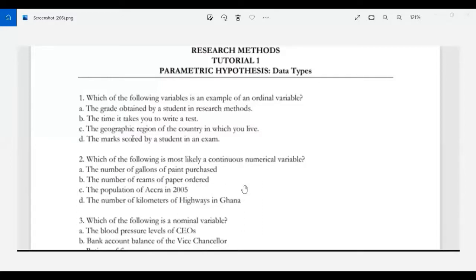A, the blood pressure levels of CEOs. Is that A the answer? Nominal variable.